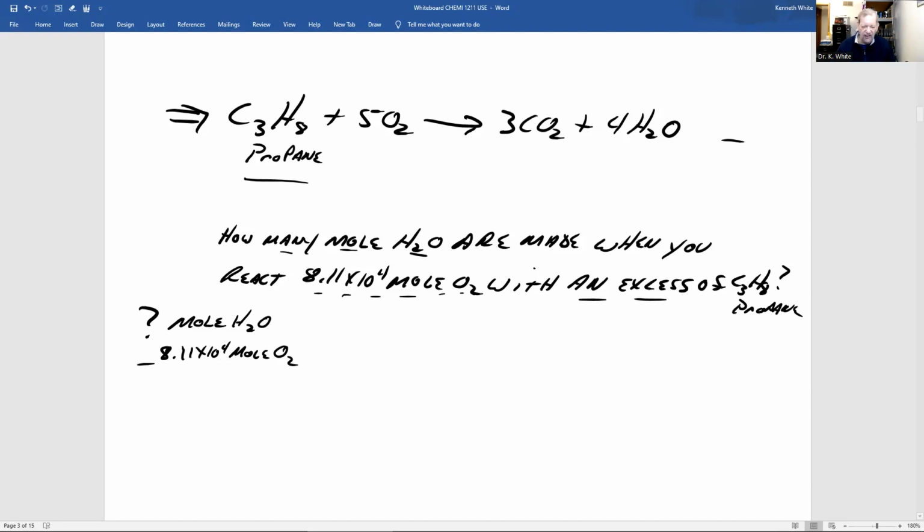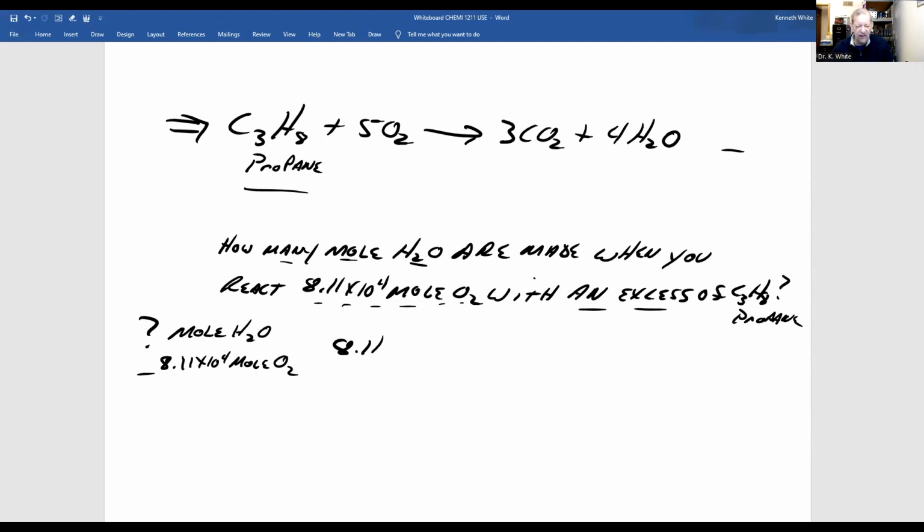So we now have this. The only number we have to start with is this. We have some ratio. I'm helping you out. What units do we want our answer to be in? Your turn.